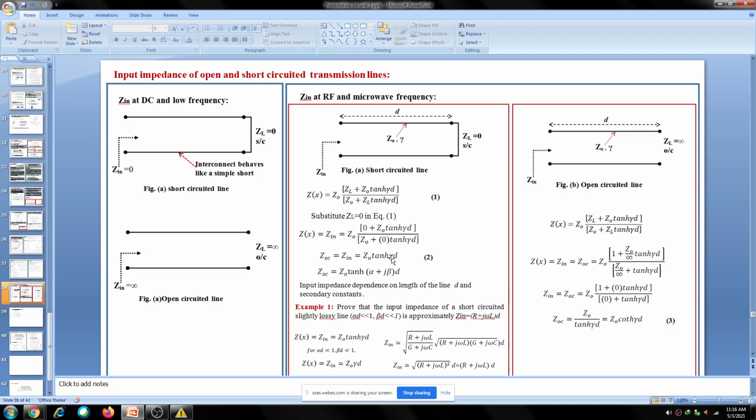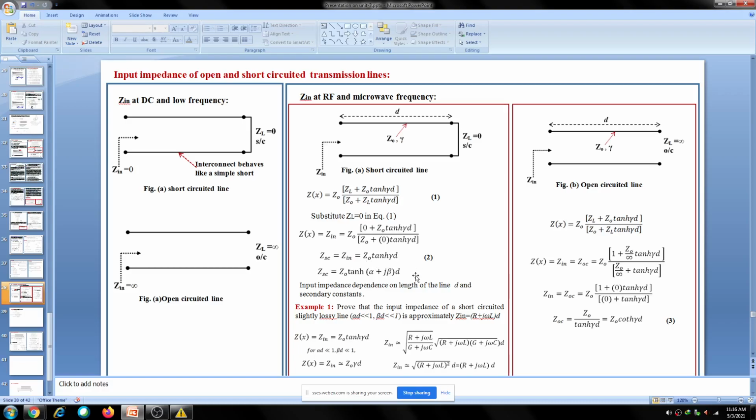This equation is a function of distance and the secondary constants Z0 and gamma. Again, they depend upon the values of the primary constants. So ZSC is a function of distance. It varies as you measure like this. We will see how we can use this property to implement passive components at RF and microwave, because it is a function of length and it varies.